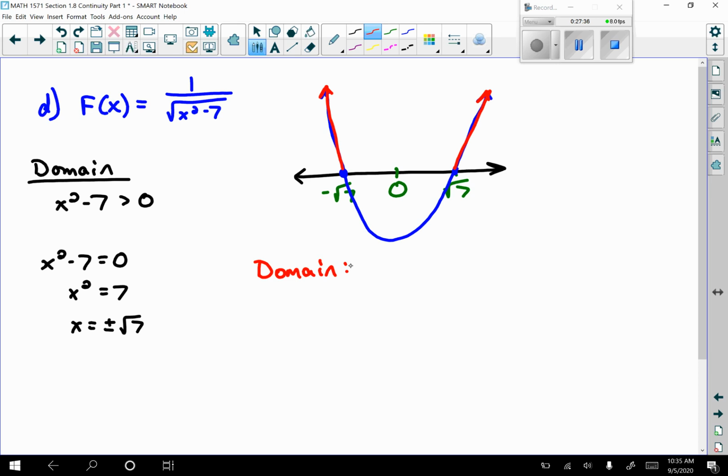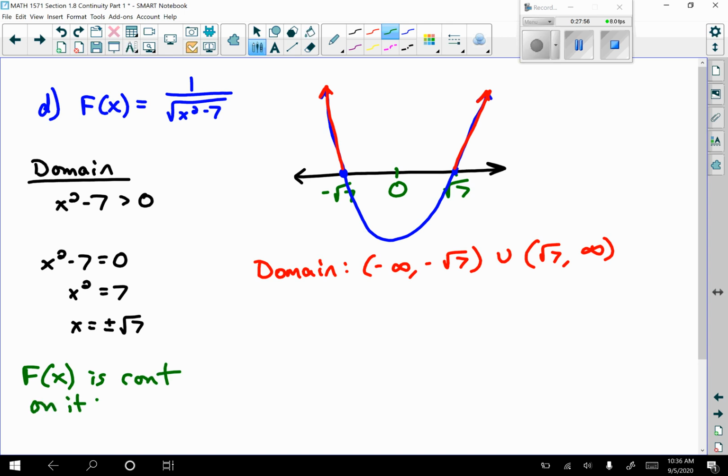So the domain will work here if I'm at negative infinity to negative radical 7, and then union with radical 7 to infinity. All right, so here I could say f of x is continuous on its domain.